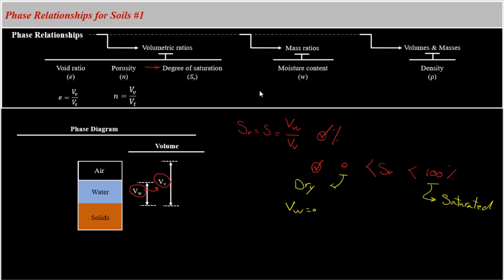In a saturated sample, the volume of water is equal to the volume of voids. So all the voids in this sample are filled with water. Therefore, the volume of air is equal to 0. And all the other samples that have degrees of saturation between 100% to 0 are called partially saturated samples.